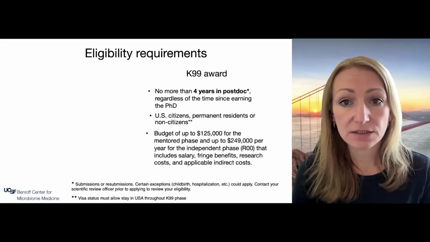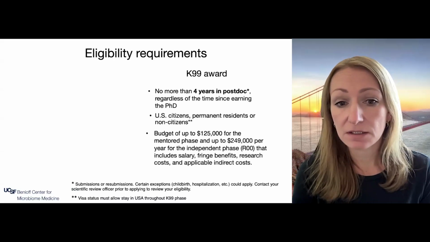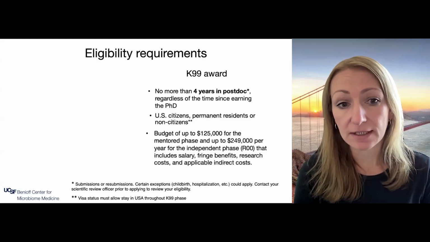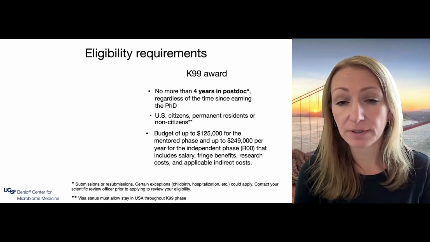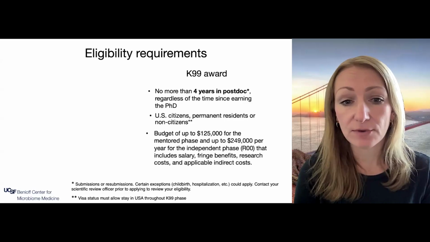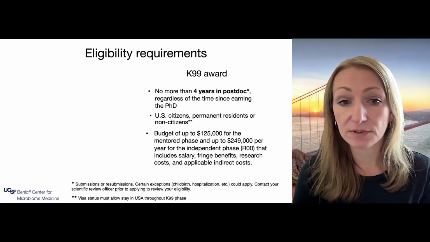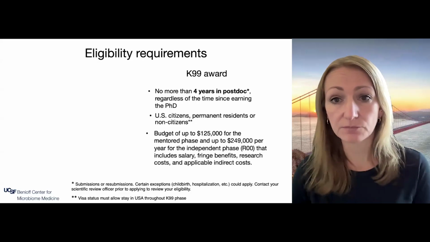For the K99 award, there is a strict requirement of up to 4 years into your current postdoc position, with some exceptions. And if there are exceptions that apply to you, it is best to contact your scientific review officer to determine whether you're eligible to apply.